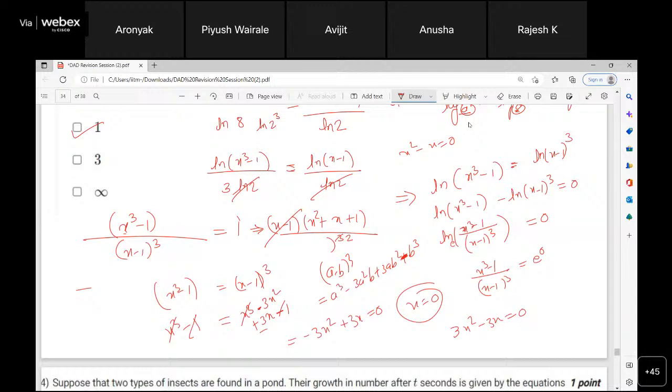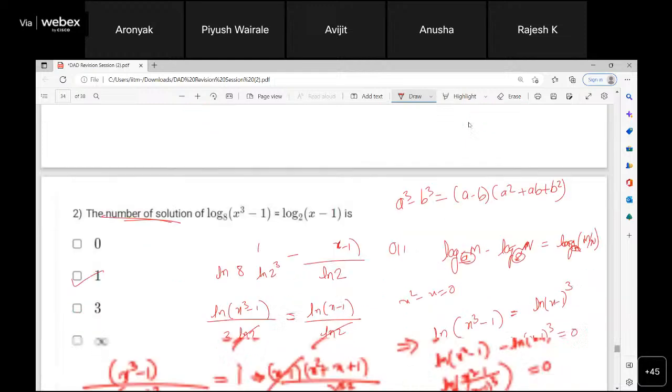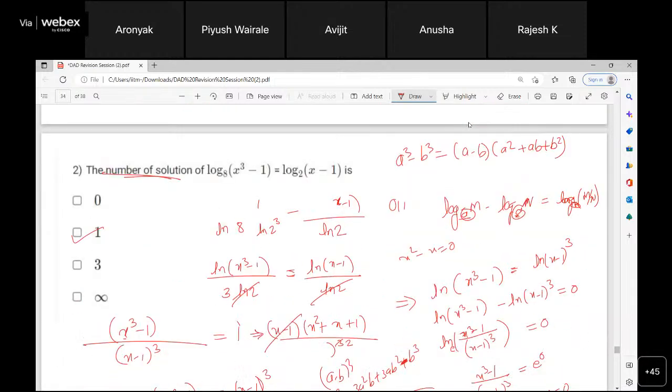Now we can solve this: x is equal to 0 or x equal to 1, but x equal to 0 will not satisfy. So x equals 1. If we put x equal to 1, it will be 1 minus 1, which is 0, so log 0.